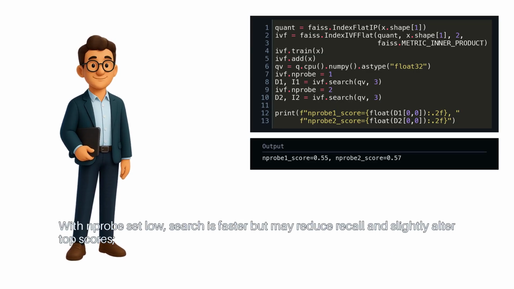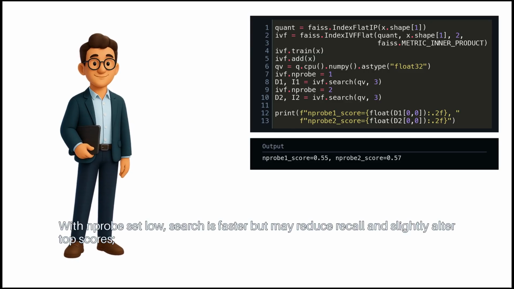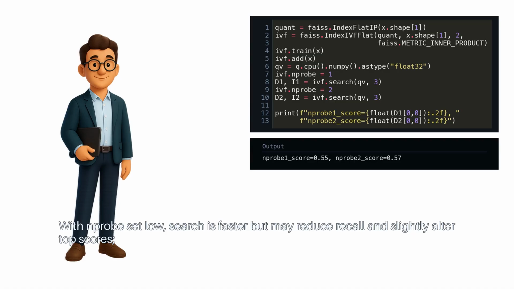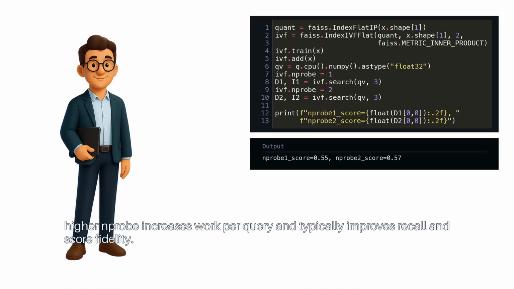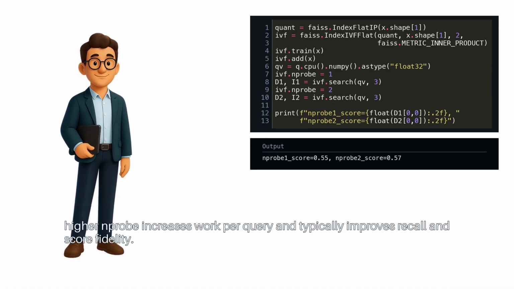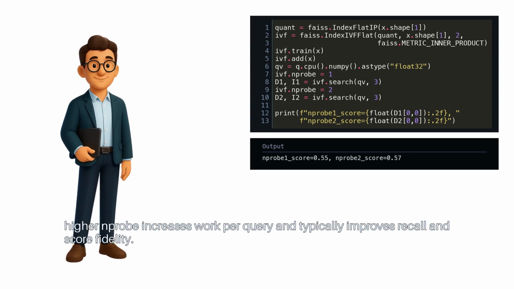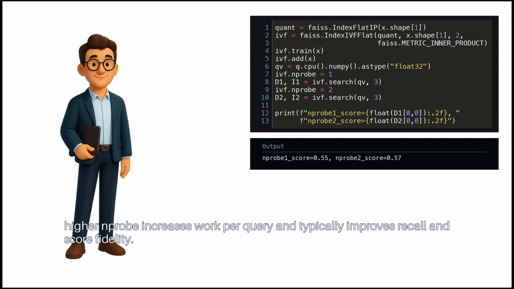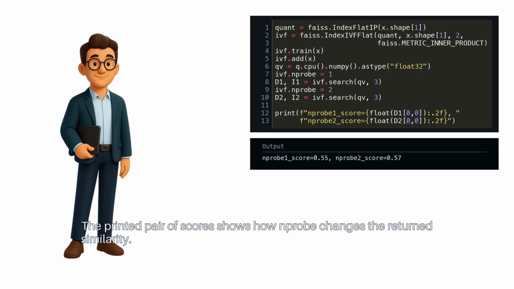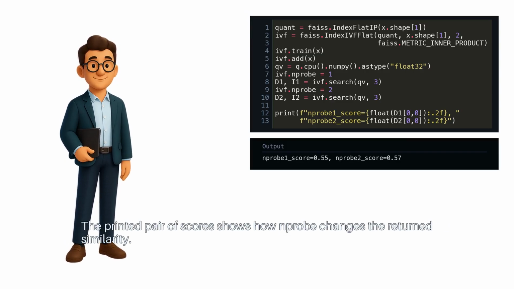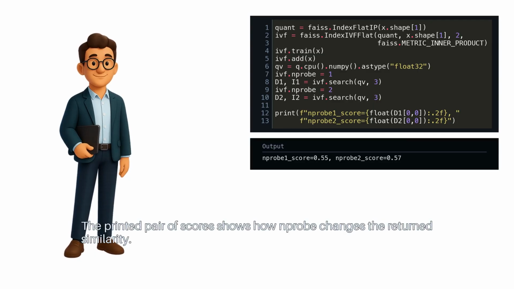With nprobe set low, search is faster, but may reduce recall and slightly alter top scores. Higher nprobe increases work per query and typically improves recall and score fidelity. The printed pair of scores shows how nprobe changes the returned similarity.